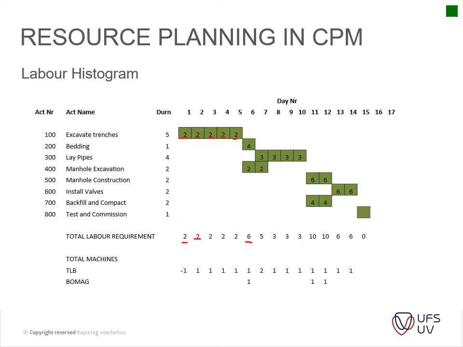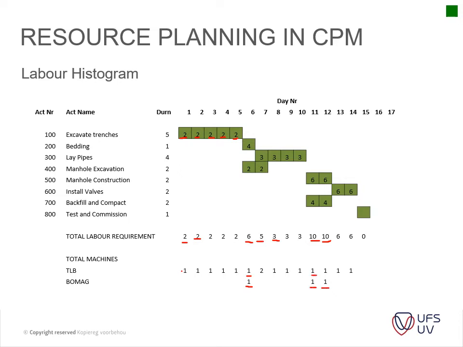Here it goes up to 6, 5, 3, and then you peak at 10 here, and then you can see here you've got a TLB and a BOMAG that is listed as needed, and here the same.